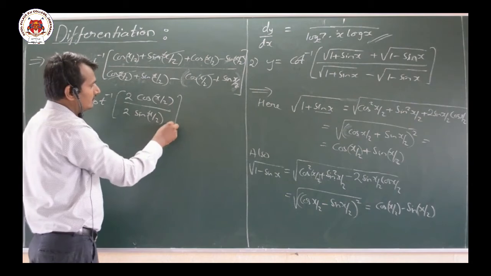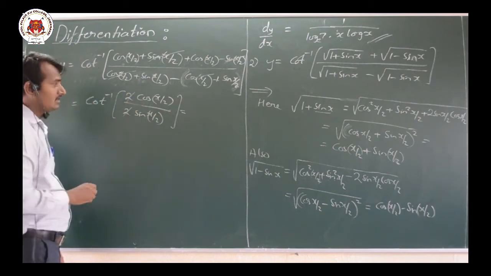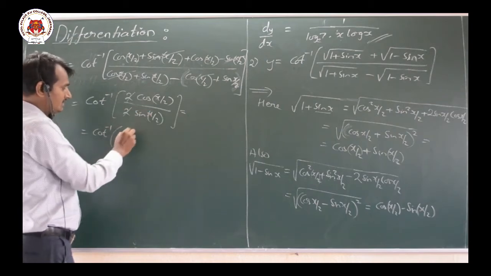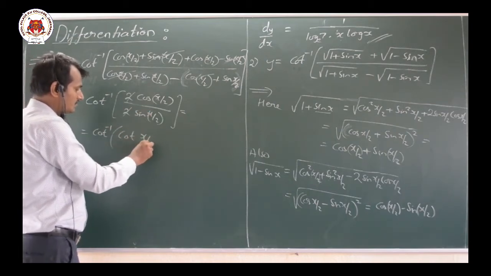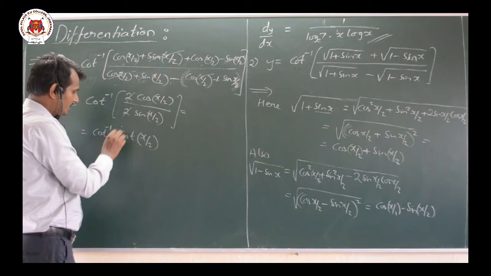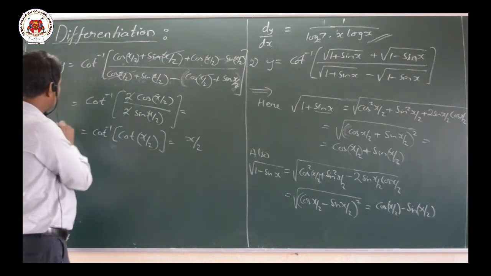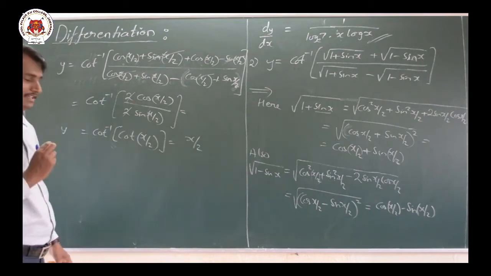So the 2 also gets eliminated. The remaining part is cot inverse of cos by sin, whose value is cot x by 2. Now that value will be nothing but x by 2. That is only y here.